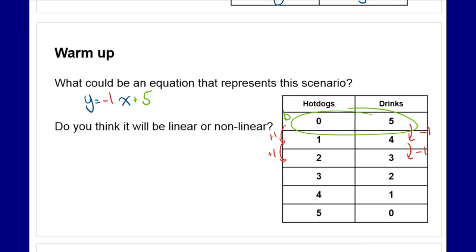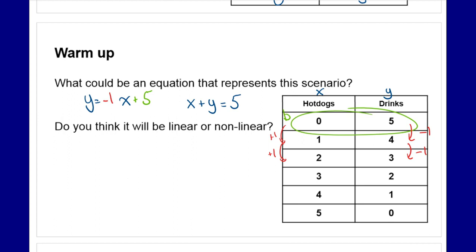I could write it a different way based on the scenario, because I know if x represents my hot dogs and y represents my drinks, whatever the x value is, plus the y value has to equal 5. Right? I only have $5. So whatever I have, the number of hot dogs and the number of drinks has to add up to 5.